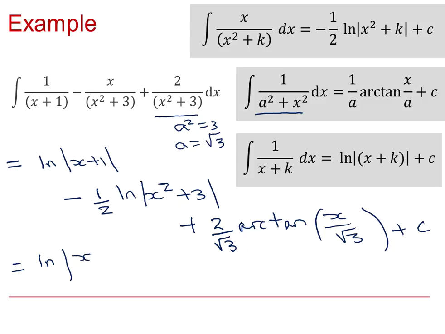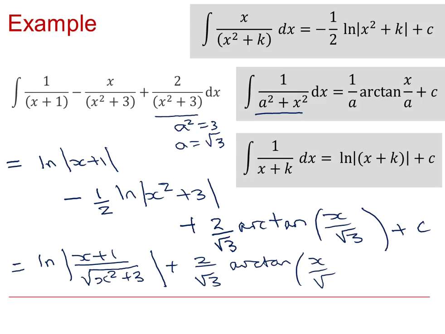It would be log of x plus 1 over the square root of x squared plus 3, and then plus that 2 over root 3 arctan x over root 3 plus my constant of integration.